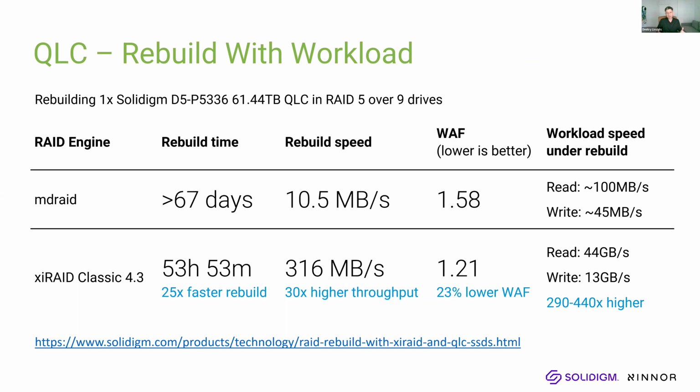What is even more important than absolute rebuild time is the workload that you could observe during your normal I/O operation in degraded mode. With us, it's great numbers, more than 40 gigabytes per second in read and 13 gigabytes per second in write. With MD RAID, you could see 2 orders of magnitude worse results. It's just 100 megabytes per second. It's not even measured in gigabytes.